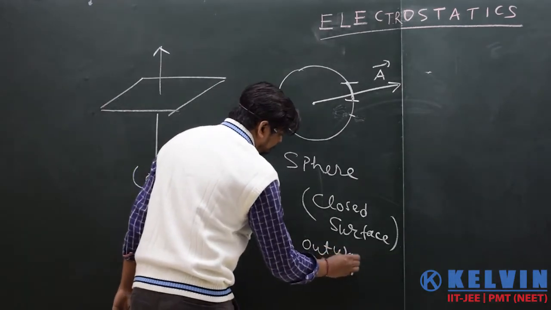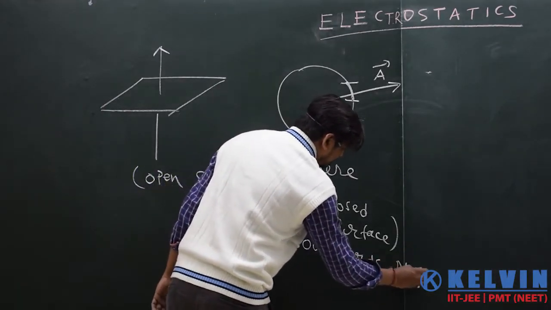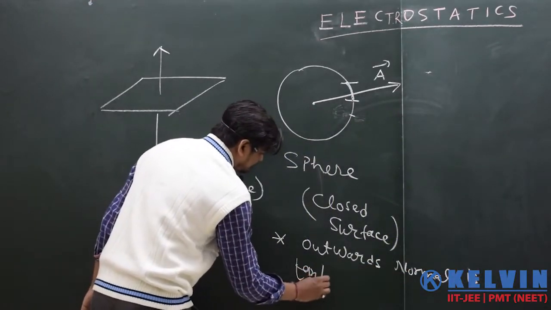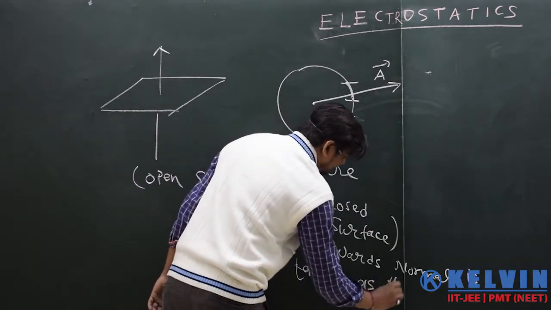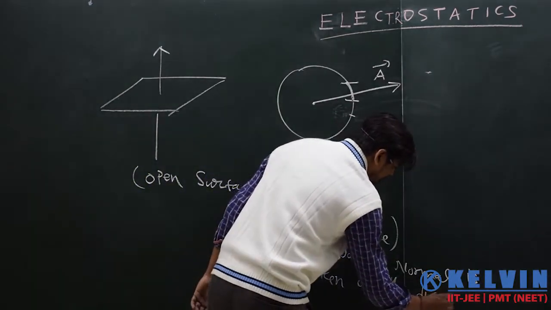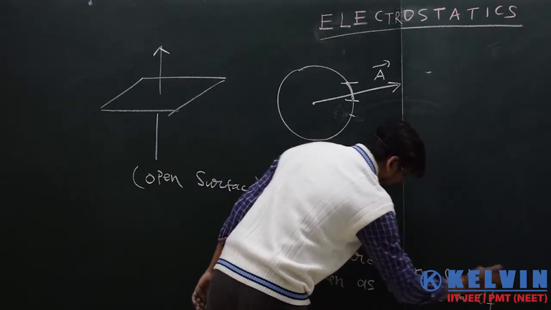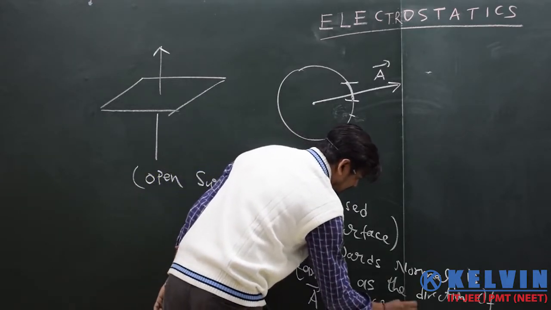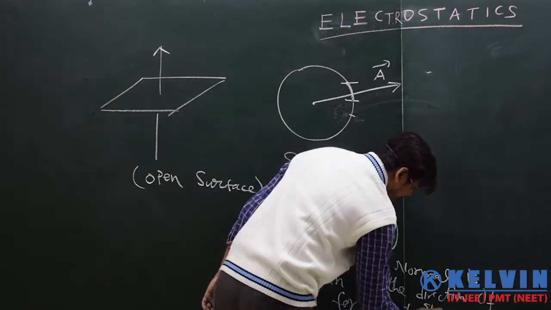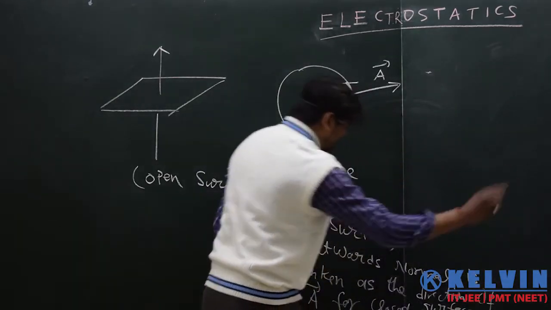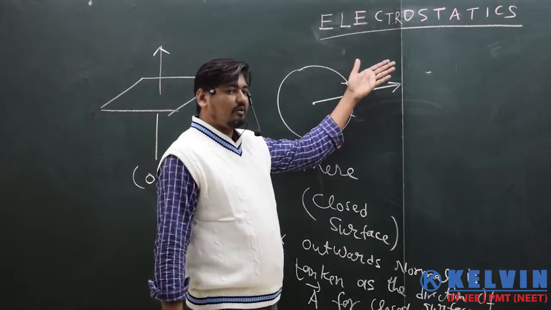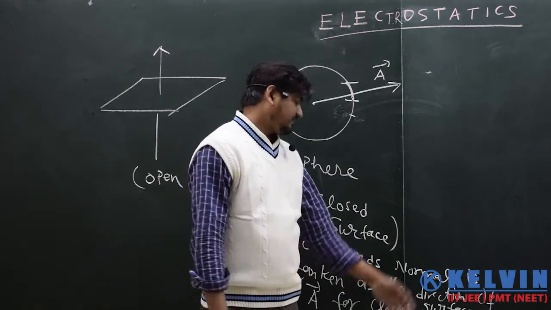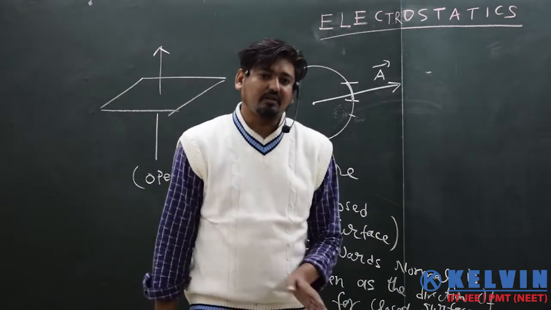Outwards normal is taken as the direction of area vector for a closed surface, right? This is outwards normal, this is inwards normal. So outwards normal is taken as the direction of area vector for the closed surface.